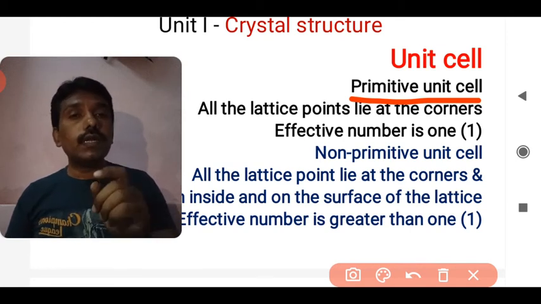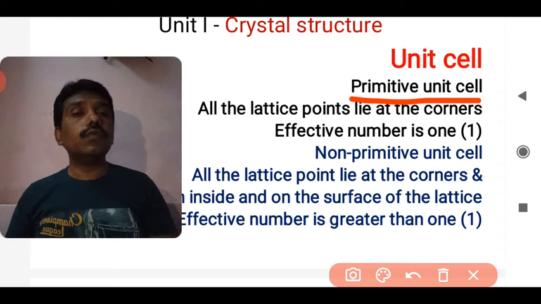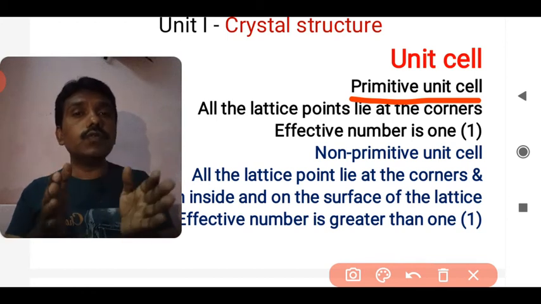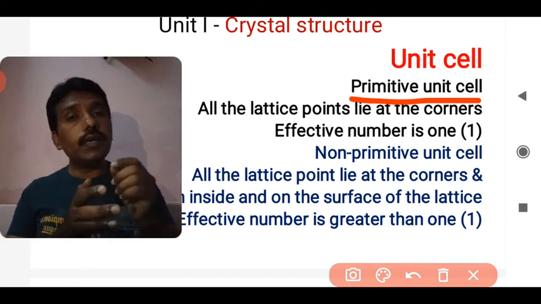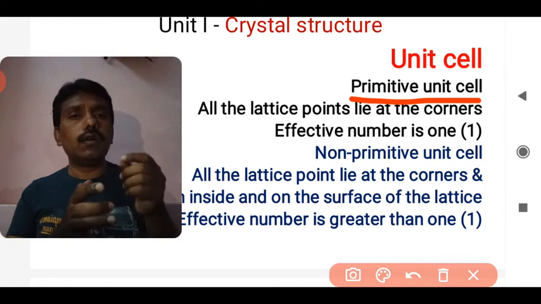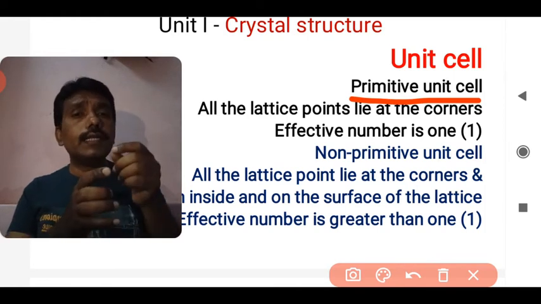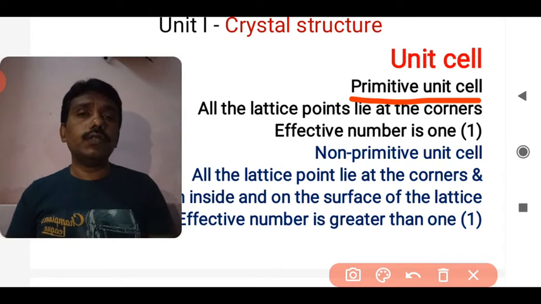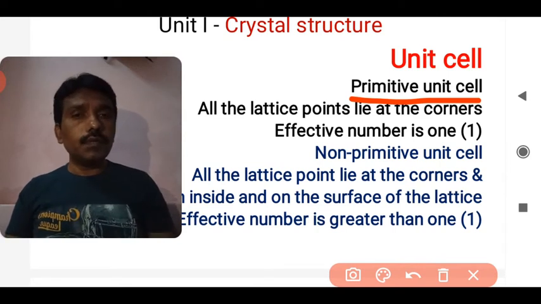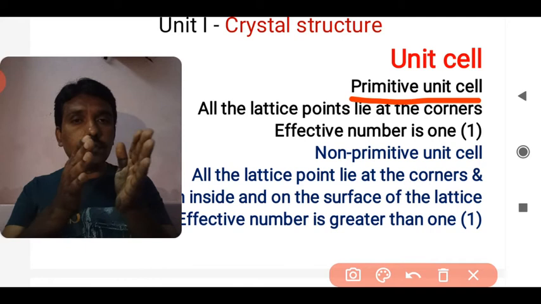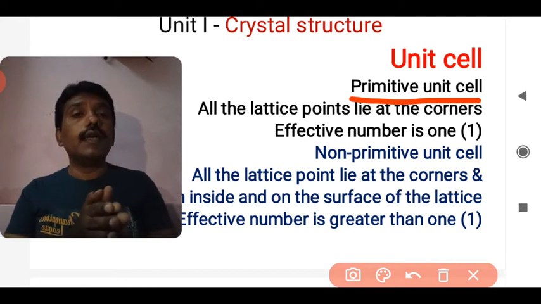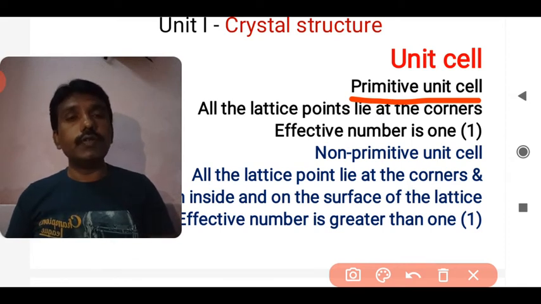In the three-dimensional case, when the parallelepiped is formed and all the lattice points, or the atoms, are exactly on the corners of that parallelepiped, that is known as a primitive unit cell.